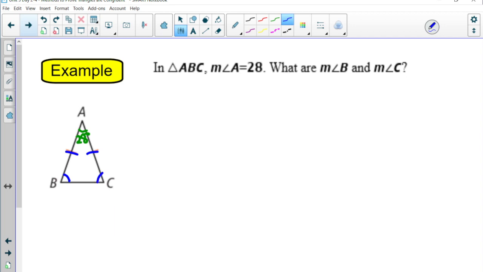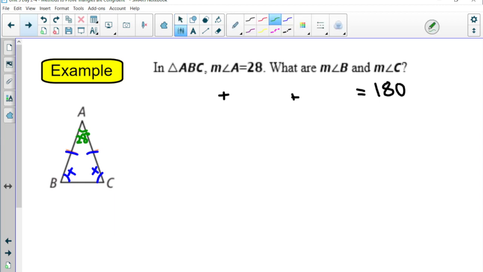Now, I don't know what those angles are, so I'm going to call them X because I don't know them. And we are going to use a very common fact that you're going to see in these examples today, which is that the angles in a triangle, we've talked about this before, have to add to 180 degrees.